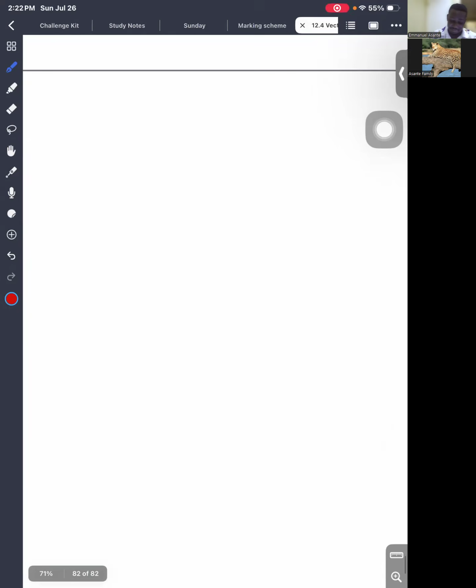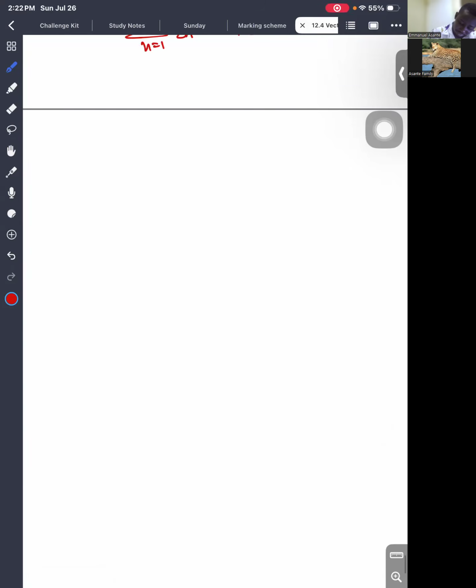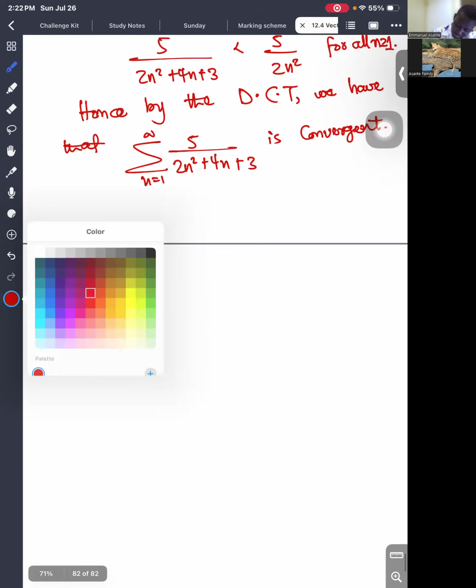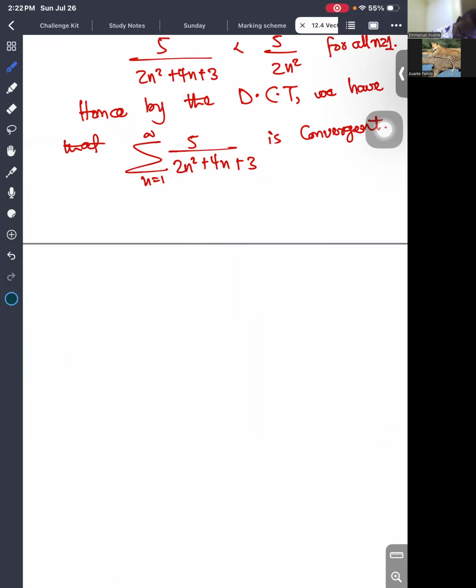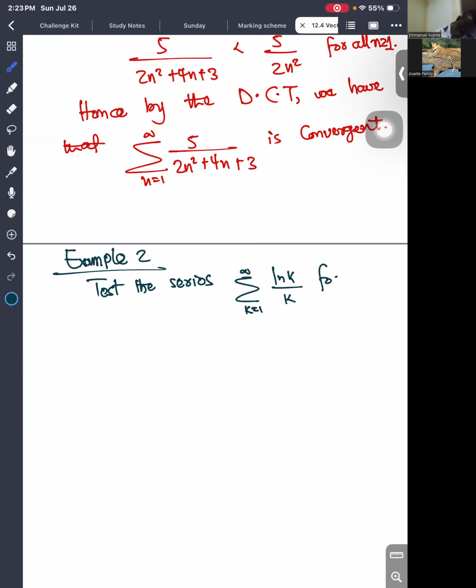In example 2, we have to do the same thing this time. We want to test the series for convergence or divergence.